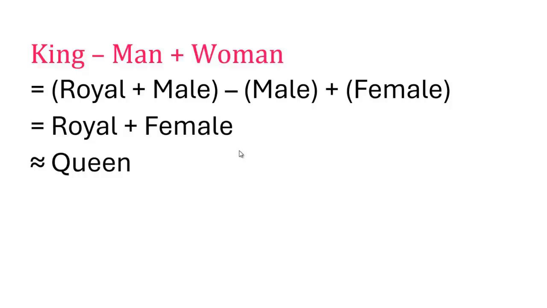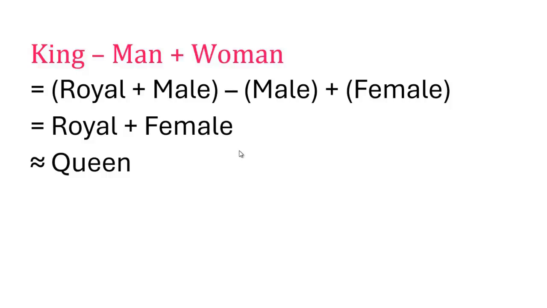This shows something very important about embeddings. They do not just store surface-level vocabulary. They store deep semantic meanings and relationships, right? The model has learned ideas such as male and female, royal versus non-royal, social roles and categories as well, that you can see. This is why the calculation works.